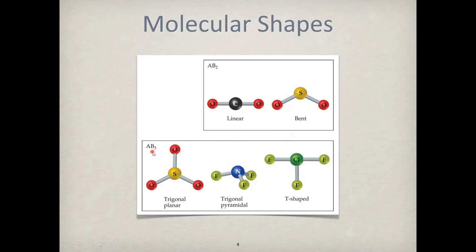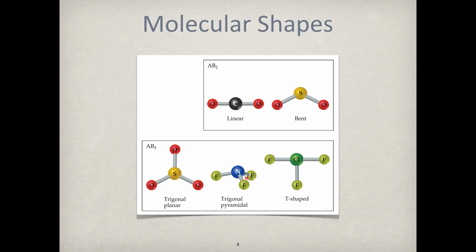And then with the next one, AB3, again B is just going to be whatever that terminal atom is, so oxygen or fluorine with the second two. Even though we've got the same number of atoms, because of the way the electrons are actually distributed in these, we're going to wind up with three different shapes, three different structures for these ones. In the case of SO3, there are going to be no lone pairs on this sulfur, so all these bonds are going to have to do is spread out from each other. They're going to be able to do that by basically making a triangle shape.